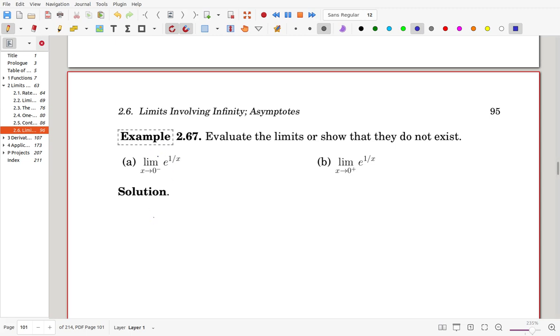Here, x is approaching 0 from the left-hand side, so 1 over x is smaller than 0 and approaching 0 from the left, which means it goes to minus infinity. So the given term is the same as e to the minus infinity, which is 0.